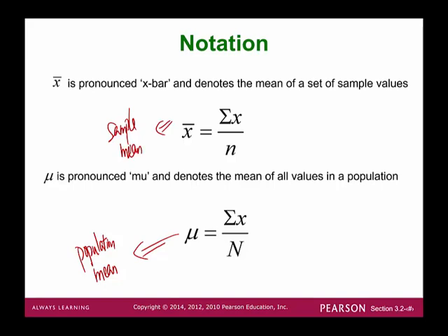Population mean equals summation of x. You sum up every single data value in the population and divide by population size. Okay. So just different notations. Pay attention to those notations. Anytime you see lowercase n, that means you're talking about the sample mean. Uppercase N indicates we are solving for the population mean.